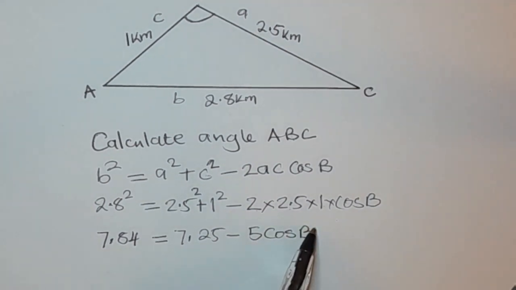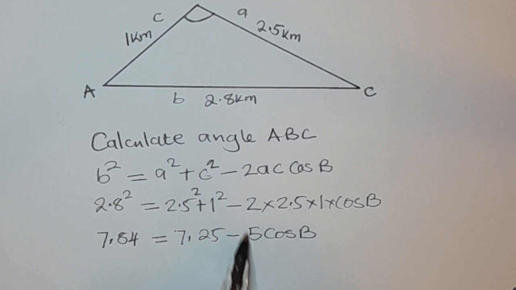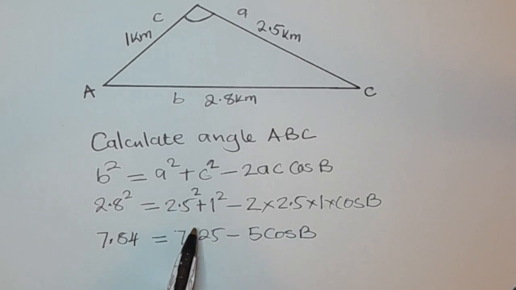Okay, so our aim is to find what B is, the angle. So on the right, aim at remaining with the term that has the variable or the angle that you are looking for. Meaning the other term has to be removed from the right hand side and taken to the left. In other words, we are just collecting like terms together. So we'll remove this by additive inverse. This is 7.25 positive.